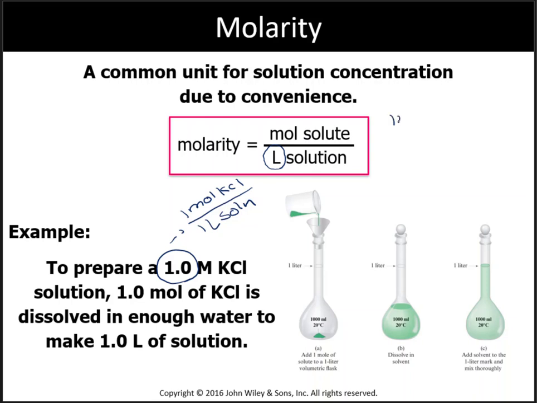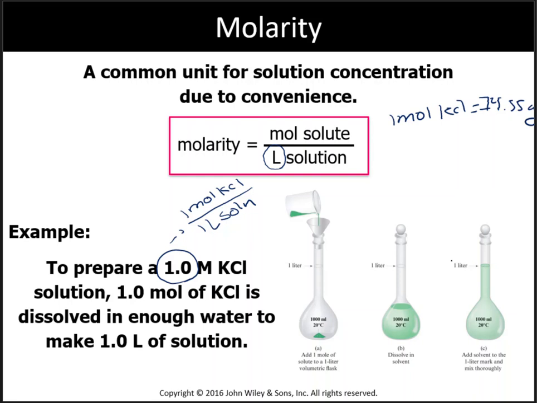So 1 mole potassium chloride is about 74.55 grams of potassium chloride. So in order to make a 1 molar potassium chloride solution, you measure the mass of 74.55 grams of potassium chloride, you add that to the volumetric flask, and you add enough water, and that should be DI water, until it reads 1 liter.